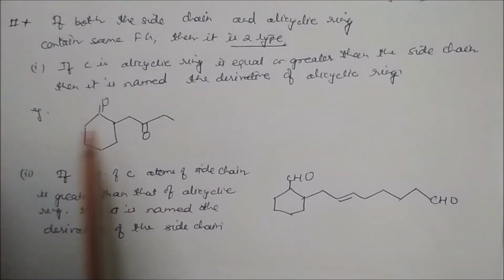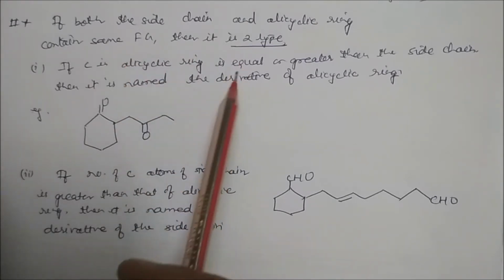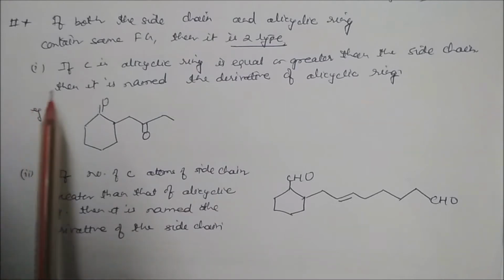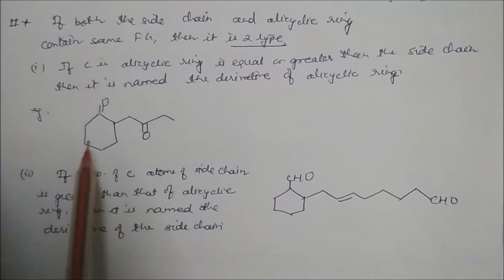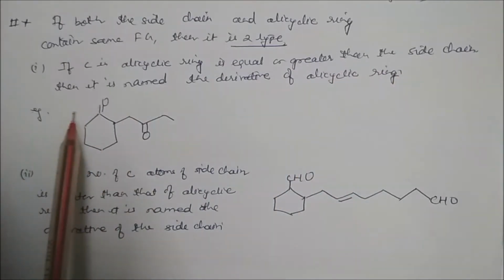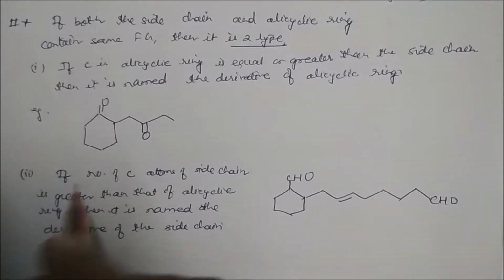Now if both the side chain and the alicyclic ring contain the same functional group, then there are 2 types. If the number of carbons in the alicyclic ring is equal to or greater than the side chain, then it is named as a derivative of the cyclic compound. For example, here I gave one example.